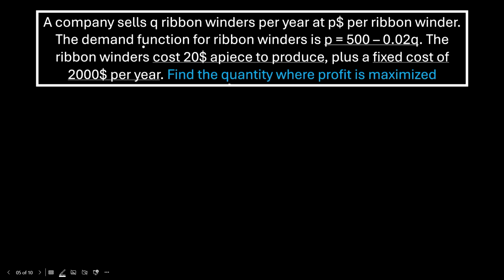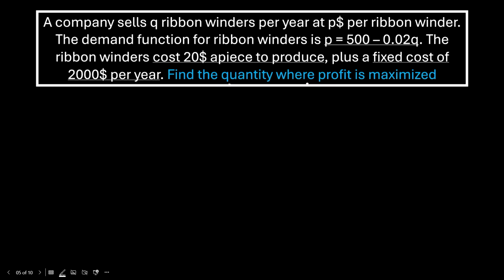A company sells Q ribbon winders per year at P, or price per ribbon winder. The demand function for ribbon winders is P equals 500 minus 0.2Q. The ribbon winders cost $20 a piece to produce, plus a fixed cost of $2,000 per year. Find the quantity where the profit is maximized.